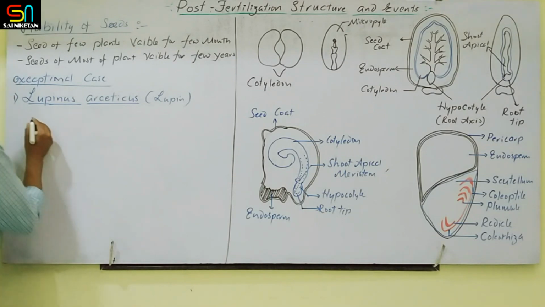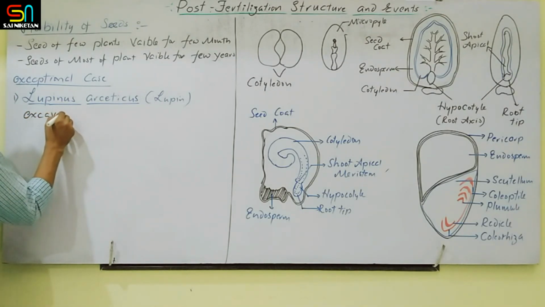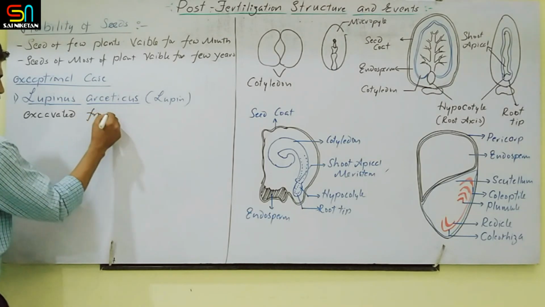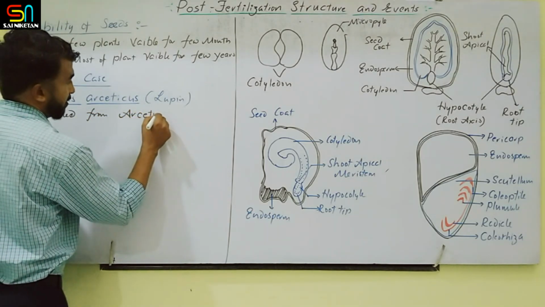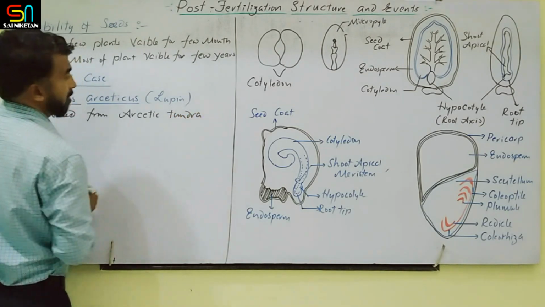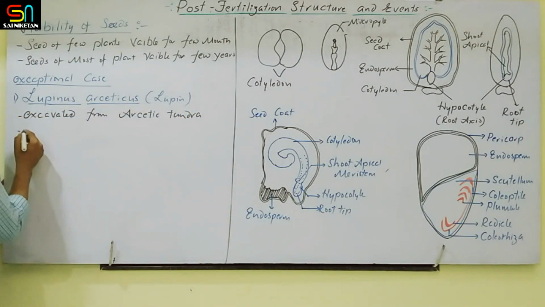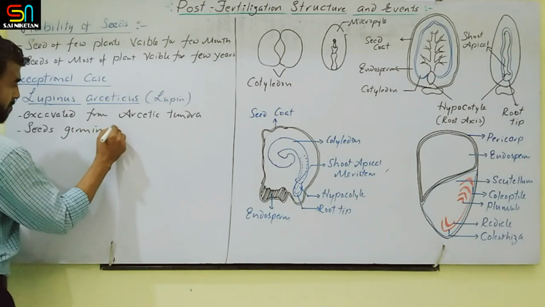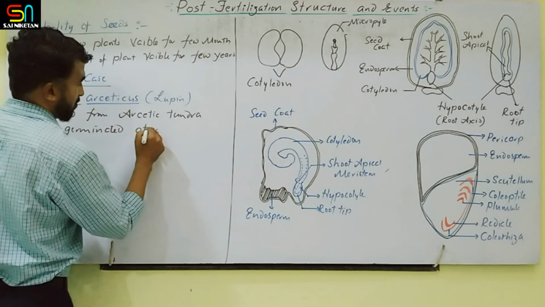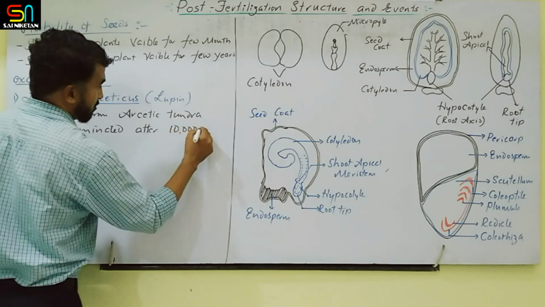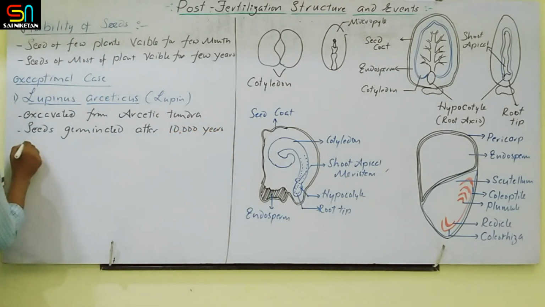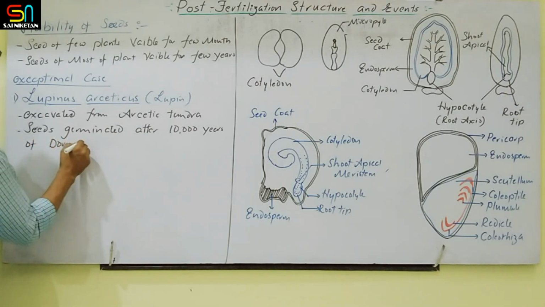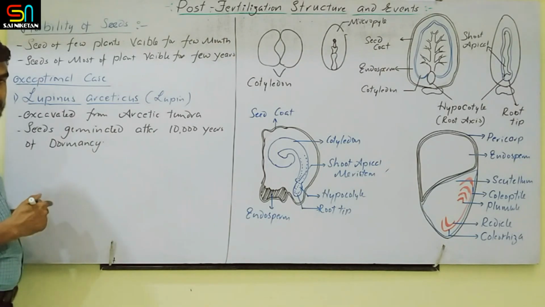The seed of this plant was excavated from the Arctic tundra, the Arctic region, and it is estimated that the seeds germinated after 10,000 years of dormancy.